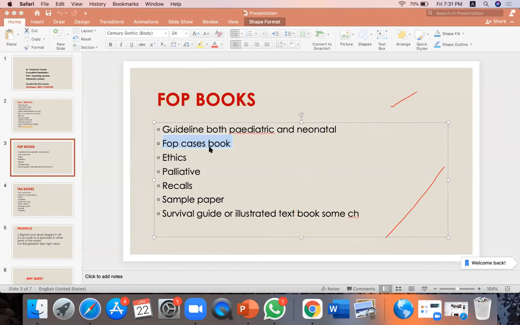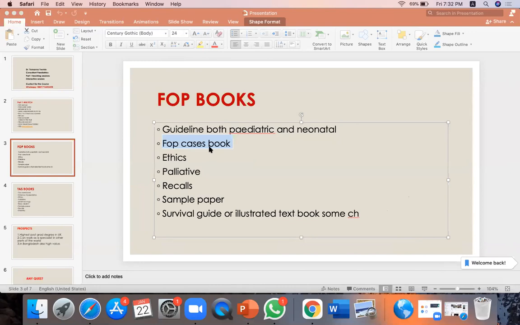Also, RCPCH releases many ethics books every year. So you can find ethics and palliative material from the RCPCH website, the Patient Info website, or my Telegram channel. I have shared this Telegram channel many times in my WhatsApp group and my Facebook group.